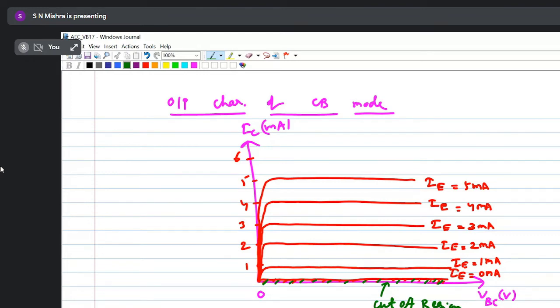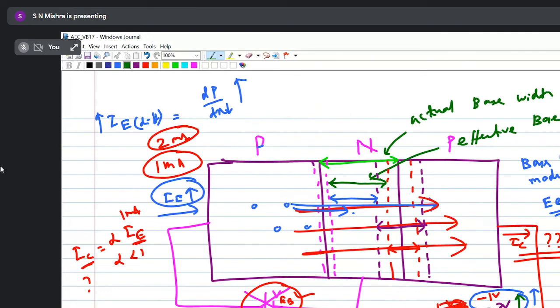Now look at the figure here. In the cutoff region, I have set IE as 0 milliampere. That means this voltage is open circuited. Then only I will not get any emitter current. If I don't give any positive voltage here, then holes will not move to the collector side, so IE will be 0 milliampere.